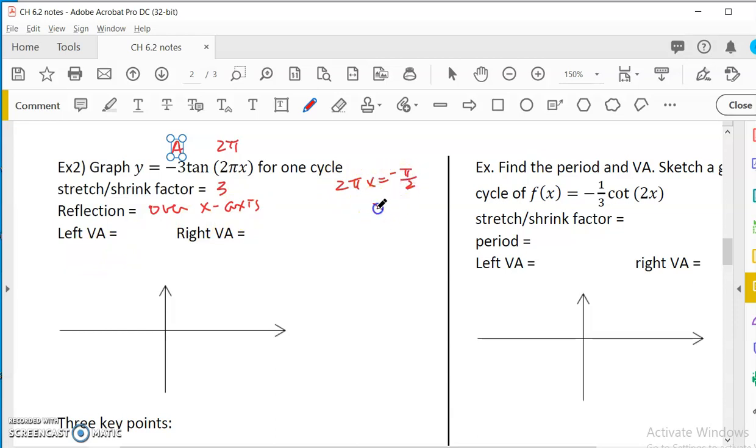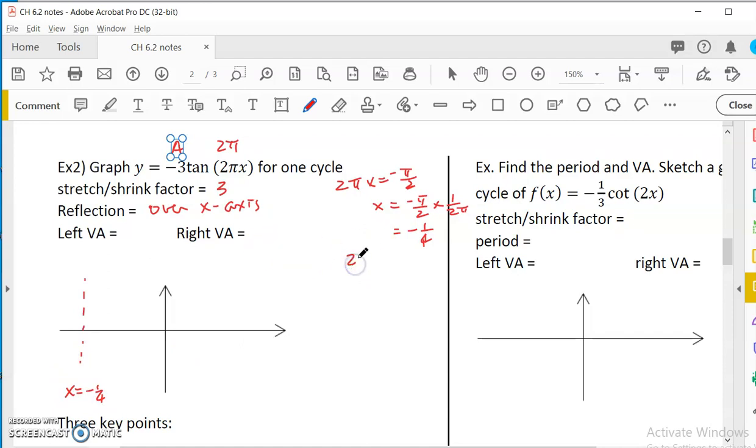Just solve this: x equals negative pi over 2 times 1 over 2 pi, because I divided by 2 pi. What? Negative 1/4. Right, negative 1/4.